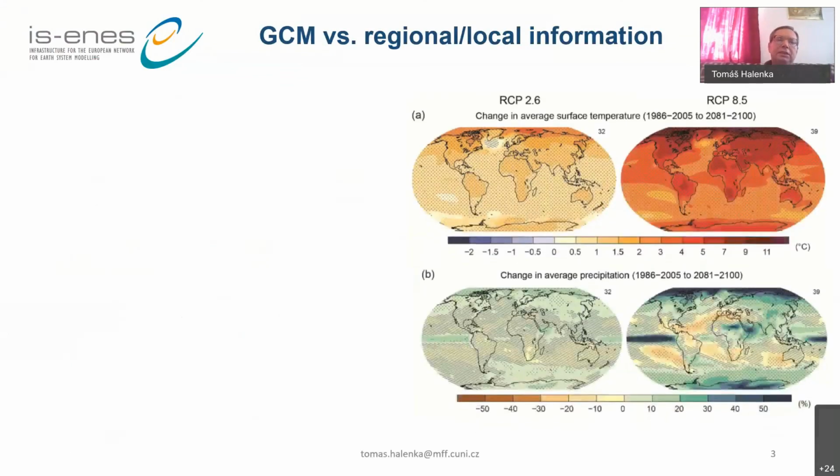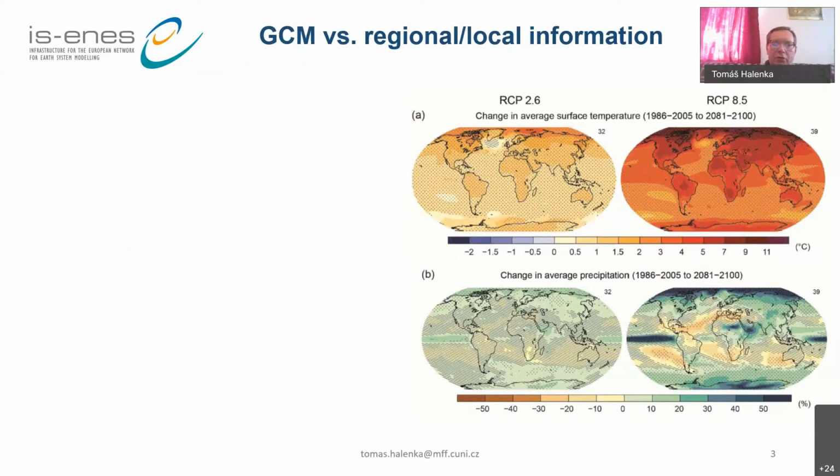Well, so when talking about the connection between global modeling and regional information, that's again some figures you already saw, and you can clearly understand that there are some global features, global patterns, and there are as well some regional ones.